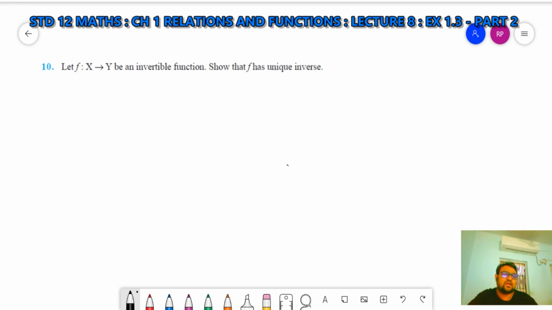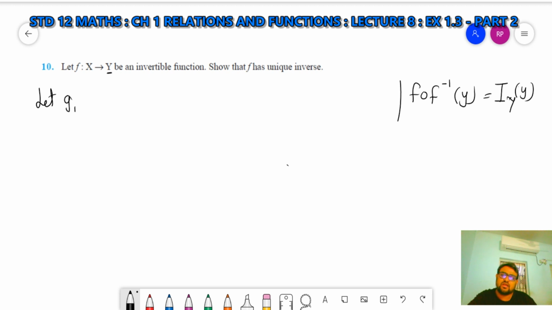Like if I take f composed with f inverse on y, then this will be equal to the identity function over the codomain Y. Clear? Here the codomain is Y, so I can write I_Y. If the codomain was R, I would write I_R. Clear? So now let's see.